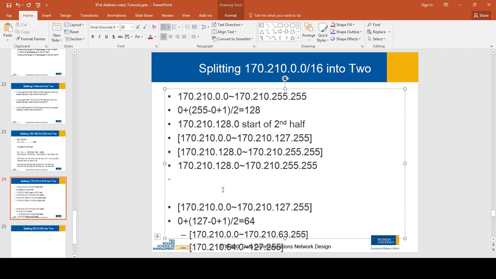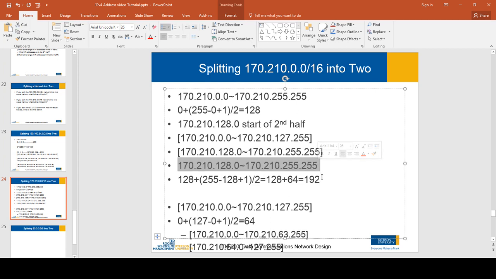We start with 128 plus 255 minus 128 plus 1, divided by 2, which gives us 128 plus 256 minus 128 is 128, divided by 2 is 64. So 64, which gives us 192. So 192 is the start of the second half when we split this.